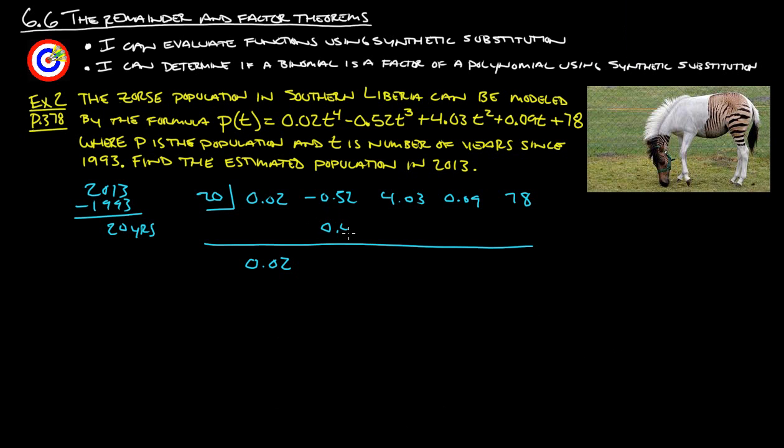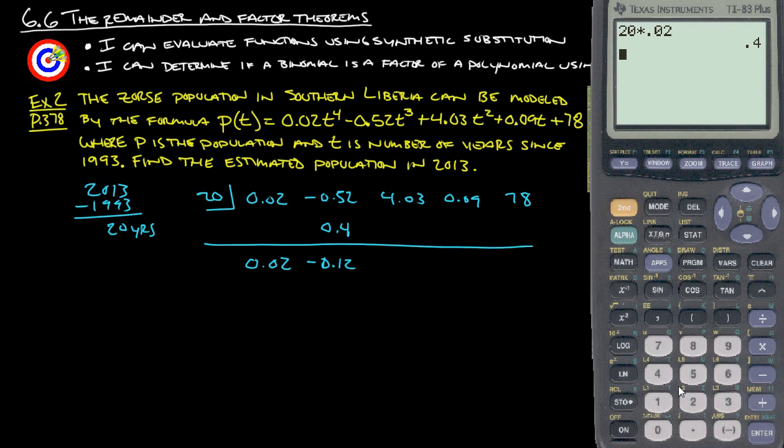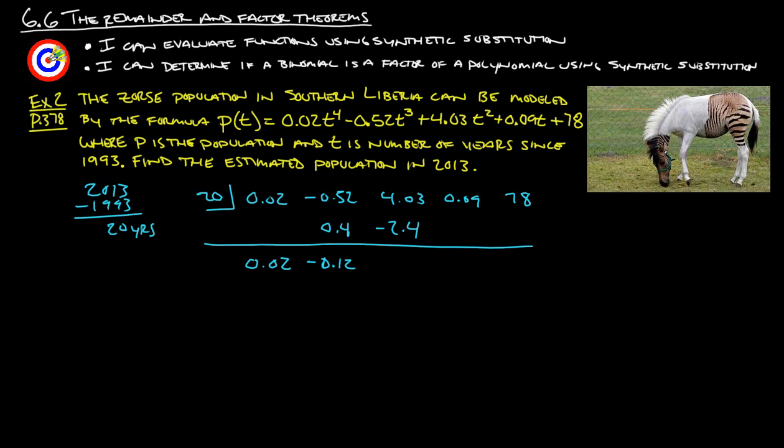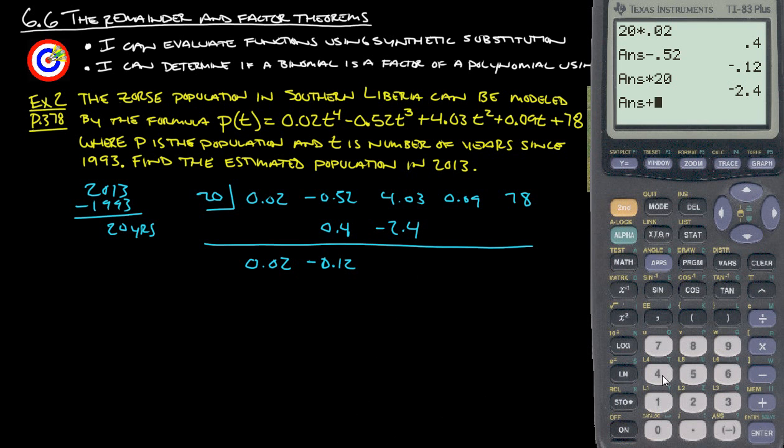So then this 0.4 goes right here, and we add that to negative 0.52, and we get negative 0.12. Then we'll multiply that again by 20, and we get negative 2.4. So then we add the negative 2.4 to the 4.03, and we get 1.63.